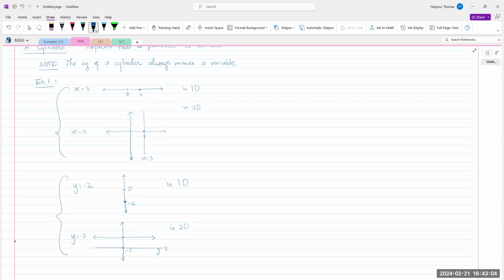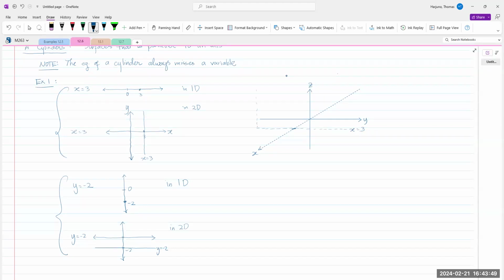So suppose we bring this to 3 dimensions. What will x equals 3 be in 3 dimensions? Well, we basically copy that in the z direction. I think I want to do it this way. We already have x equals 3 in 2 dimensions, right? But you are still missing z, so you copy this line parallel to z.